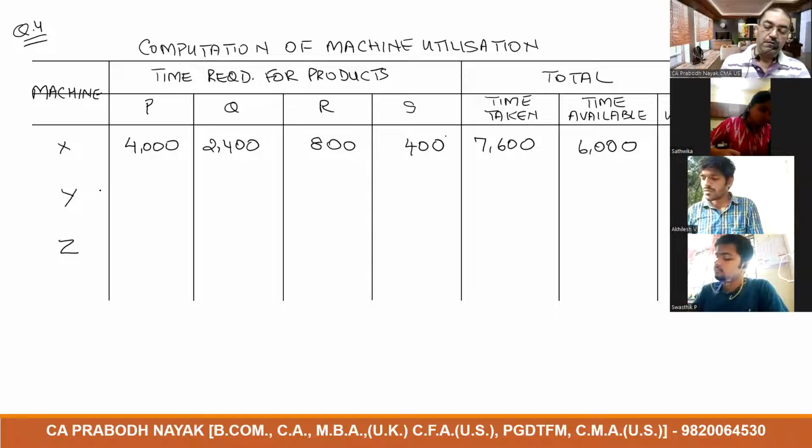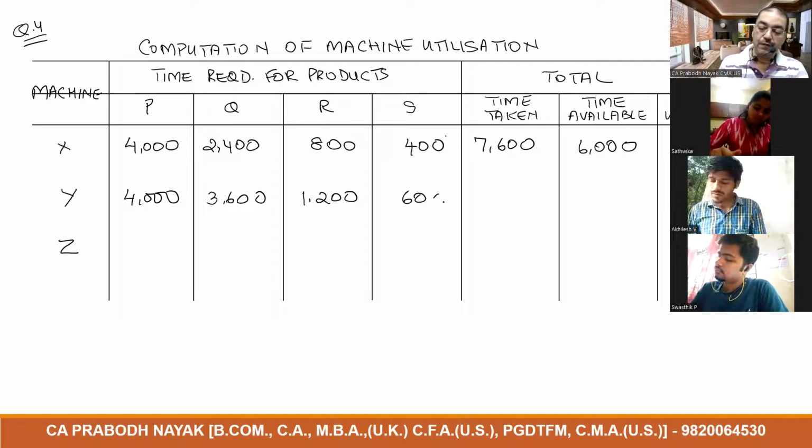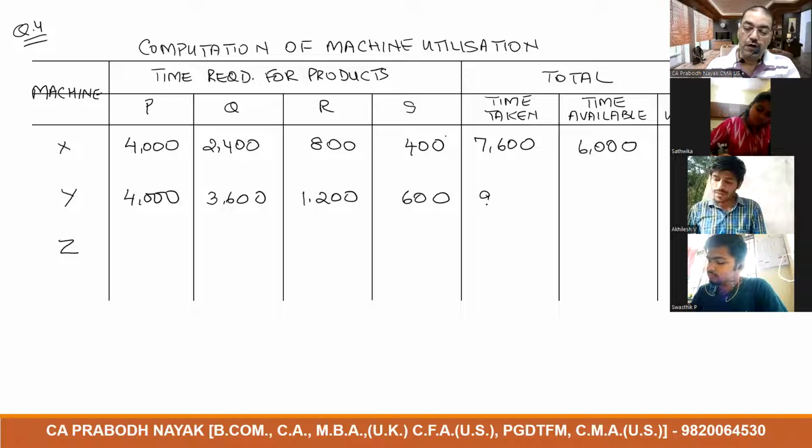Second one, take machine Y now, second row, multiplied by 200 units. This will come to 4,000 hours, 3,600 hours, 1,200 hours, 600 hours. So this will be 9,400 hours. Time available is 6,000.